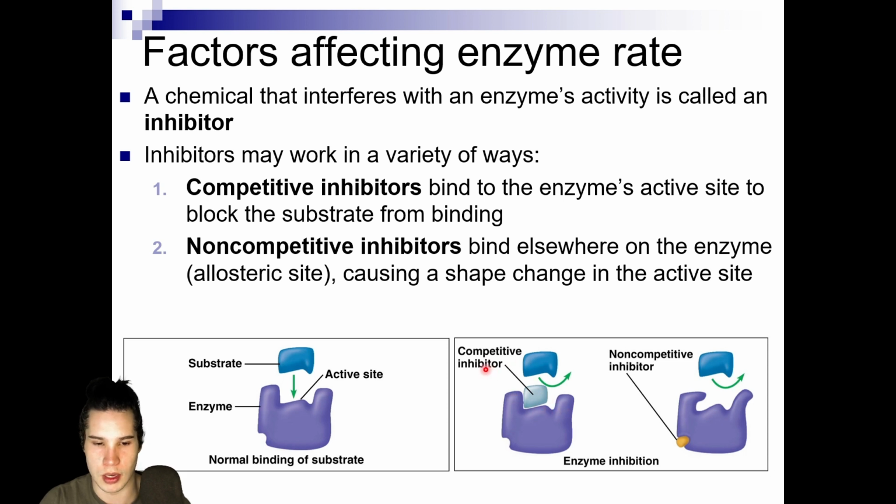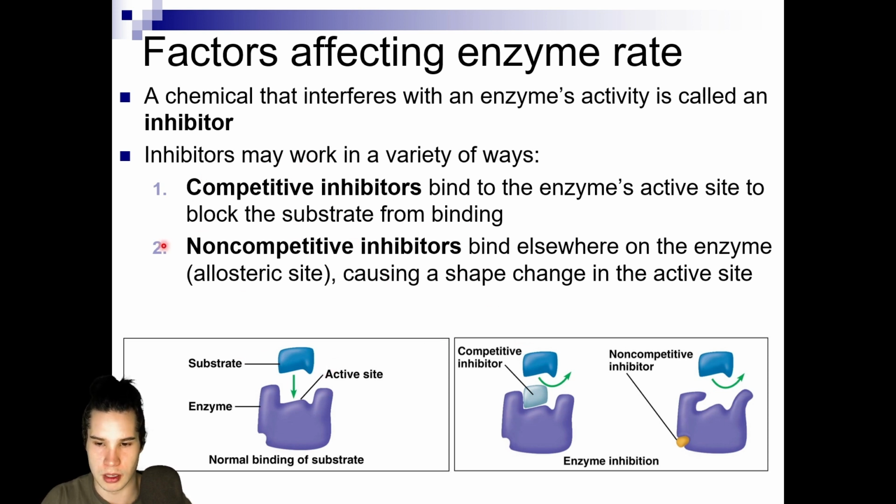And what happens is when the competitive inhibitor binds to the active site, the substrate will bounce off of the active site, causing it to no longer bind. And therefore, this enzyme is temporarily inhibited for as long as that competitive inhibitor is bound. So the competitive inhibitor is actually competing directly with the substrate.